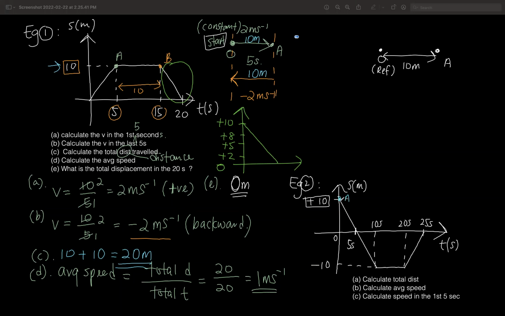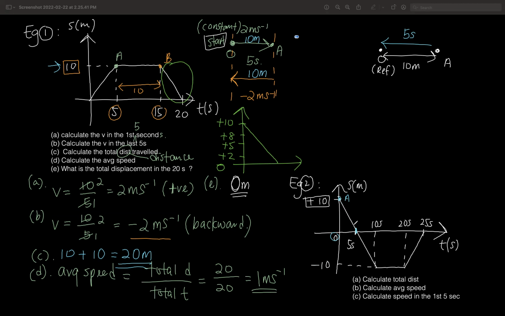And then you can see in the first 5 seconds, I move to 0. After 5 seconds, my position is at 0. So meaning that I move from A to O in the first 5 seconds. Okay, now, and then the next 5 seconds, where do I go? This one, the line continue to the negative. You see, at first your position decrease, right?